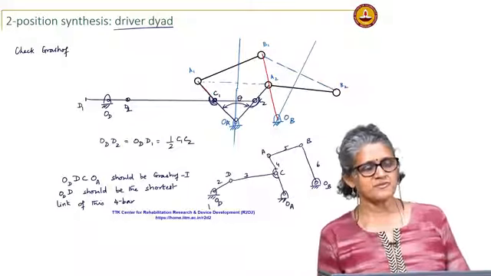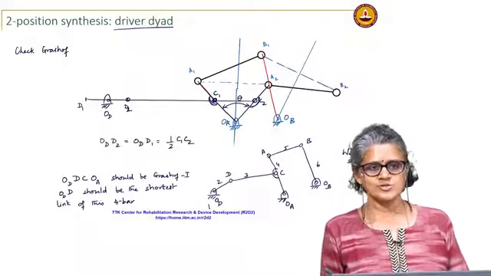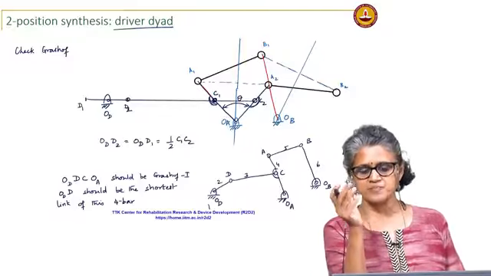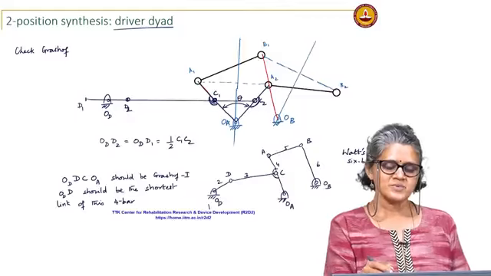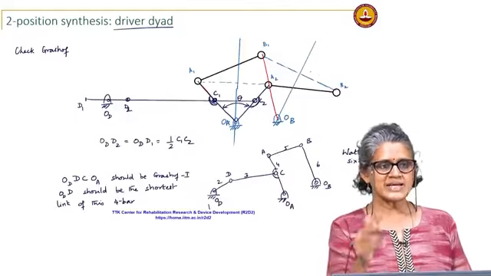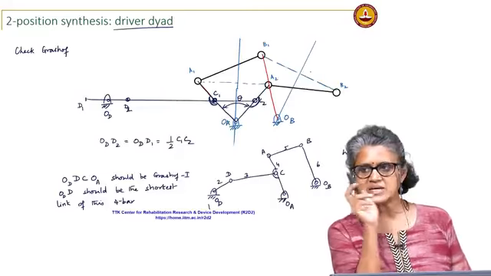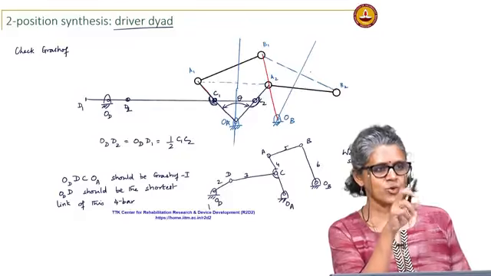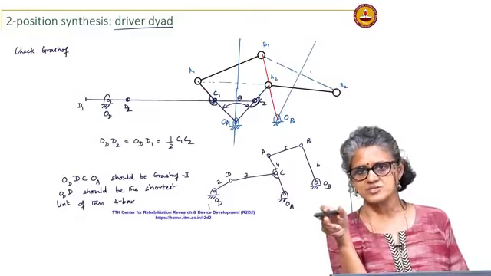In real life, you would also either build a model or simulate it over the entire range, because when you do this 2 position synthesis, all that it guarantees is that it can be assembled in those 2 positions. It does not tell you what is happening in between those positions.